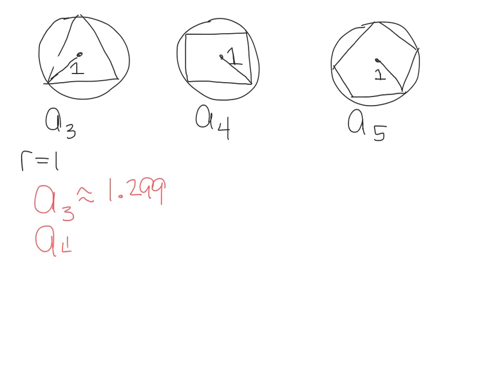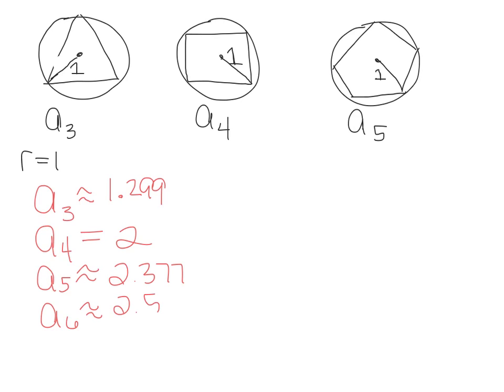The area of the 4-sided is exactly 2. The area of 5-sided is approximately 2.377. The approximate area of a 6-sided, which I didn't draw, there's our hexagon. The circle's a radius of 1, though. The area of a heptagon is approximately 2.736.